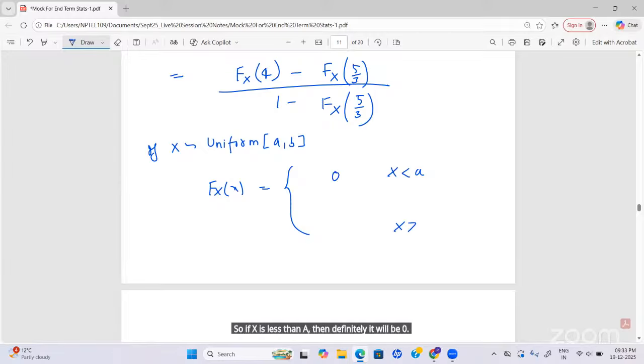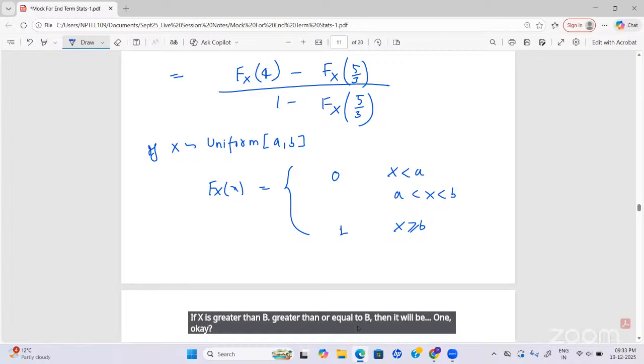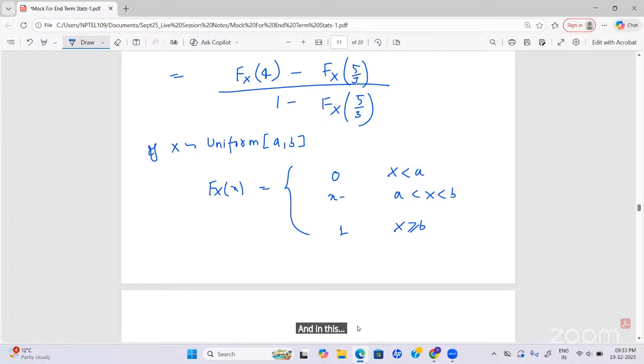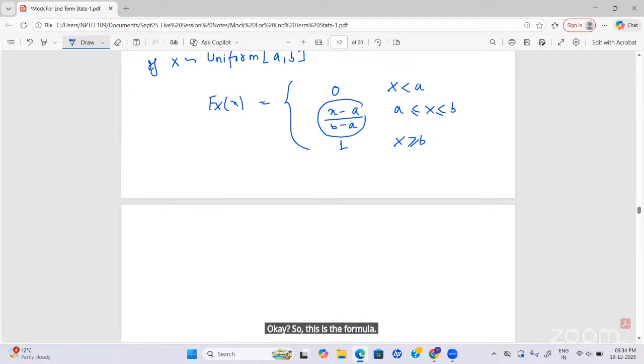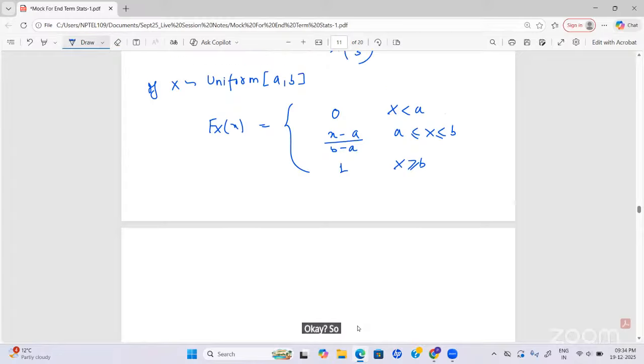If x is greater than or equal to b, then it will be 1. And in between, it will be x minus a divided by b minus a. So this is the formula.